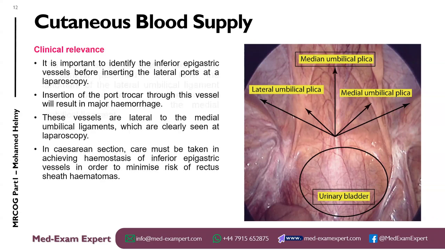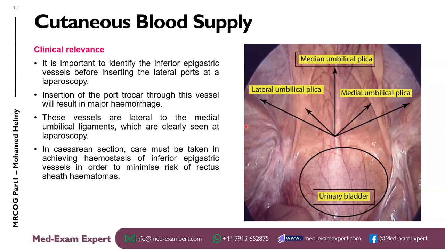Why? Because when we insert the lateral ports, where we are going to insert the instruments we will use in the surgery, we should avoid injuring this vessel because this injury will result in a major hemorrhage.